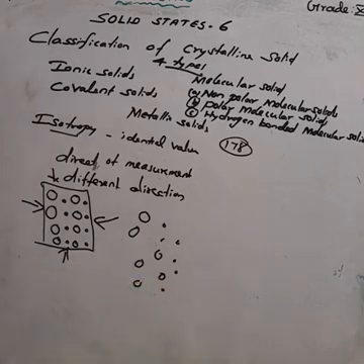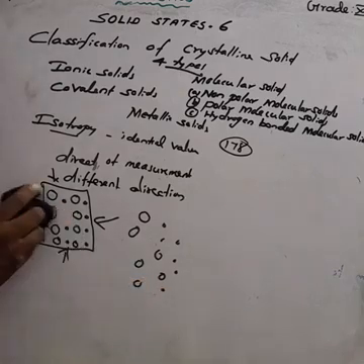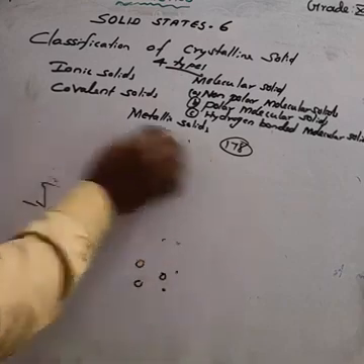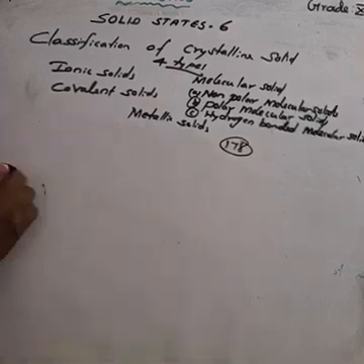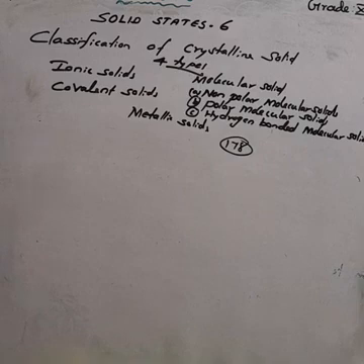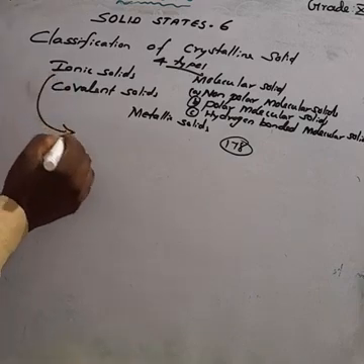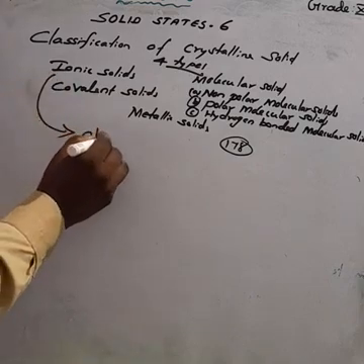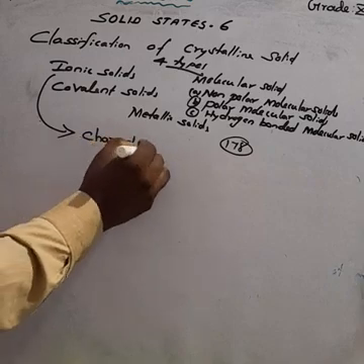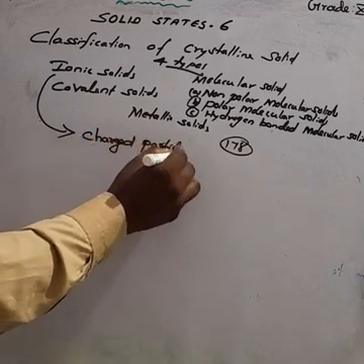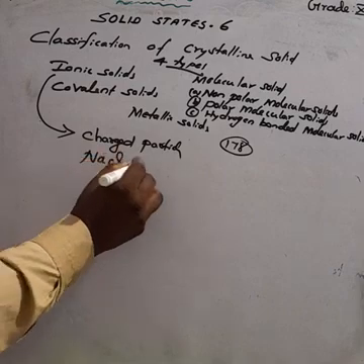Classification of crystalline solids. The first classification is the ionic solid. What are ionic solids? All of you know that. They consist of charged particles, that is, cation and anion. For example, sodium chloride, Na plus and Cl minus ions.